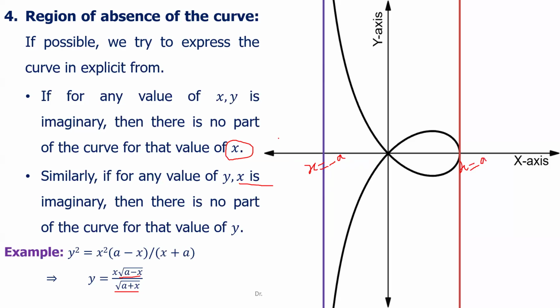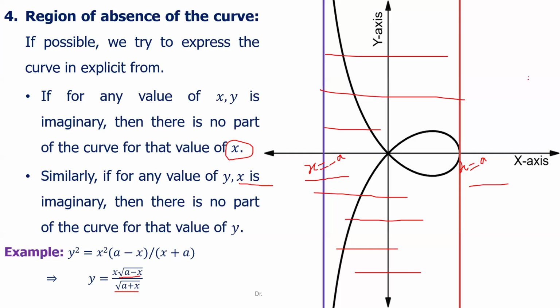So clearly, the curve is not beyond the lines x equal to minus a and x equal to plus a. So this region and this region are the regions where the curve will never exist. So this is about the region of absence of the given curve.